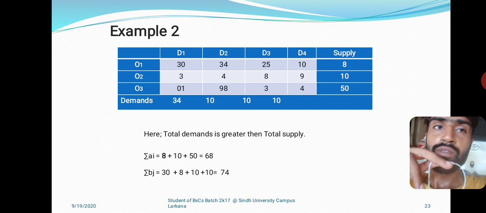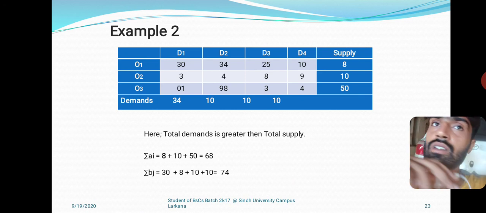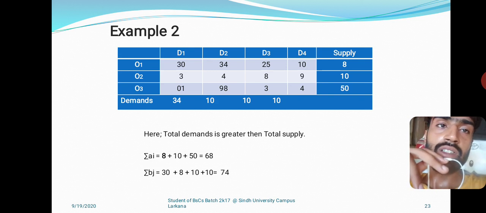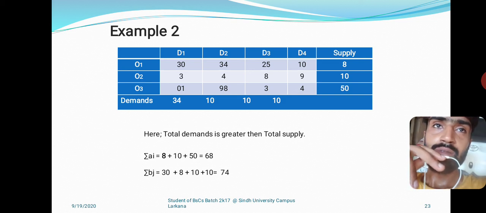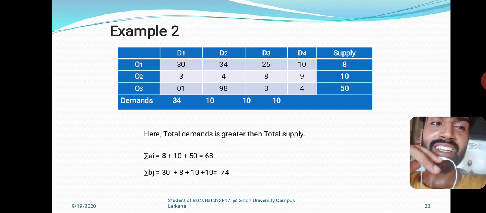Example 2. Destinations D1, D2, D3, D4, with supply. Supplies are 8, 10 and 50, and the demands are 30, 8, 8, 10.